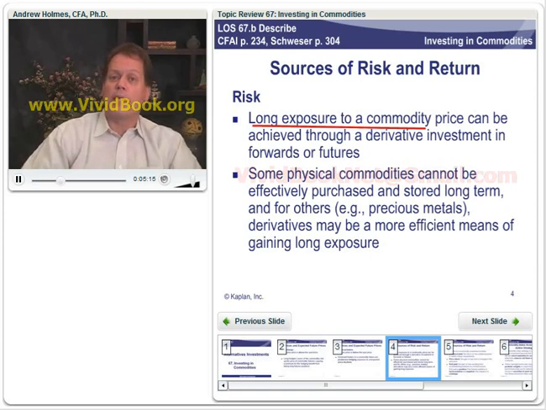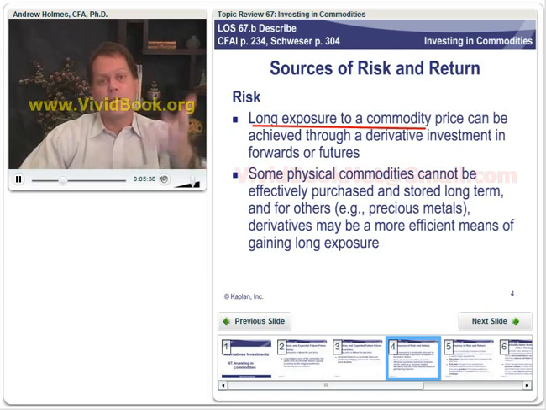So what the underlying reading says is that for some commodities, it's more efficient to access the underlying price movement through derivatives. I would challenge the author of that statement to say, tell me where there is a commodity product where it's not more efficient to use derivatives. But anyway, the statement's obviously true. I just don't think it's strong enough. So we have this long exposure to the commodity, and that's going to give us price risk, right?